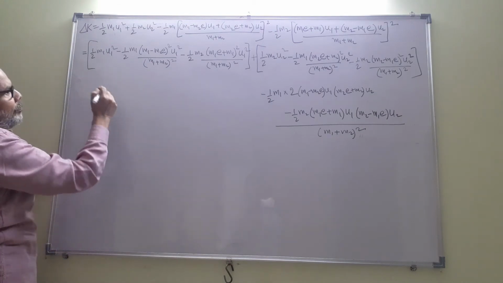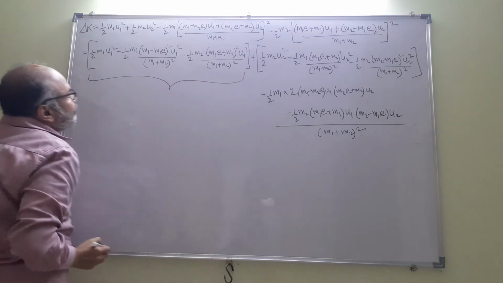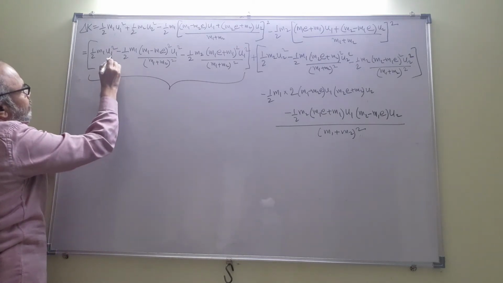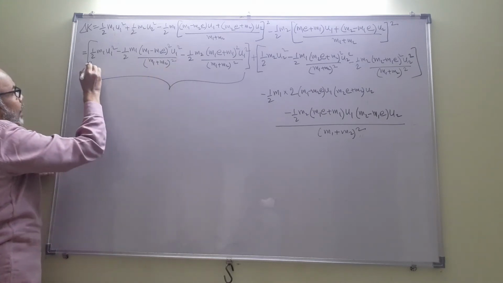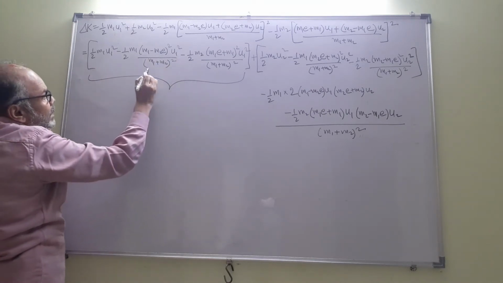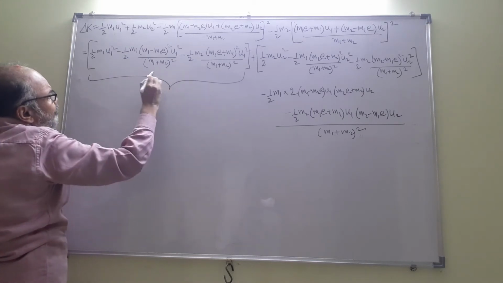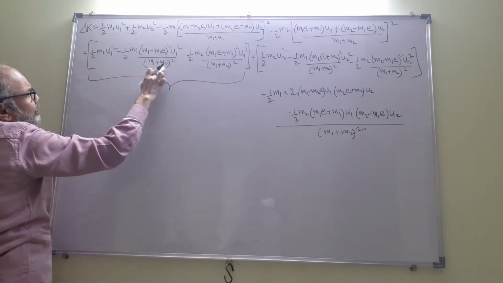First of all, this term 1 we are now going to simplify. So u1 squared is common. We'll remove that column. Half is also common, and (m1 plus m2) squared is the LCM. So we will multiply m1 by (m1 plus m2) squared.